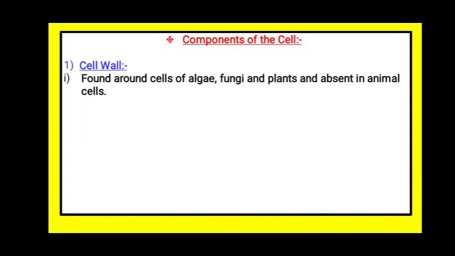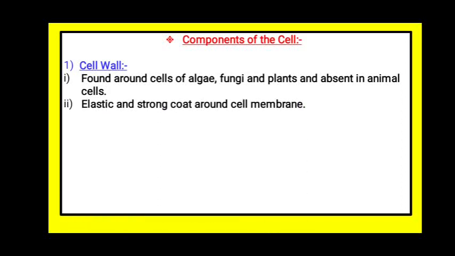Next, we had studied the different components of the cell. So we'll just go through the important points. The first component, cell wall. We'll just look at the characteristics and functions, mostly the important points. Cell wall is found in the cells of algae, fungi and plants, and it is absent in animal cell.